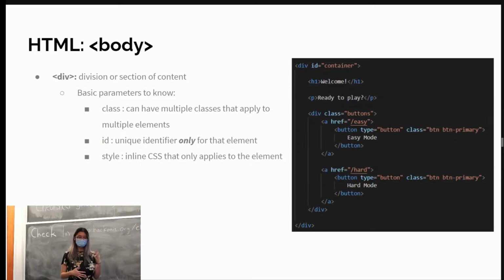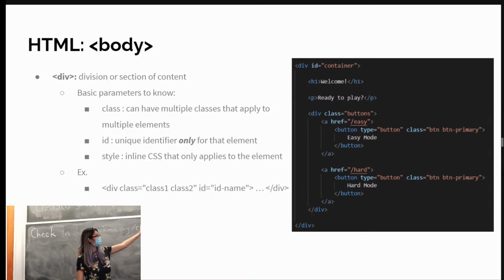Once we talk about CSS later, you can put inline CSS, which means that you can quickly add some styling to a div, and it will only apply to that element. An example of how this might be applied is here. You can have multiple classes contained within this class equals parameter, and then you can also have a singular ID name.